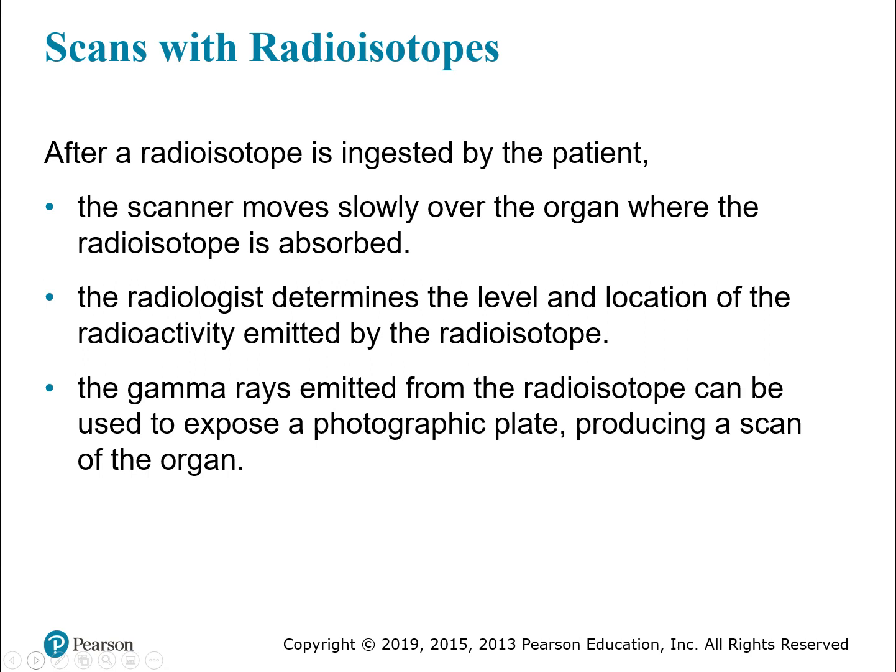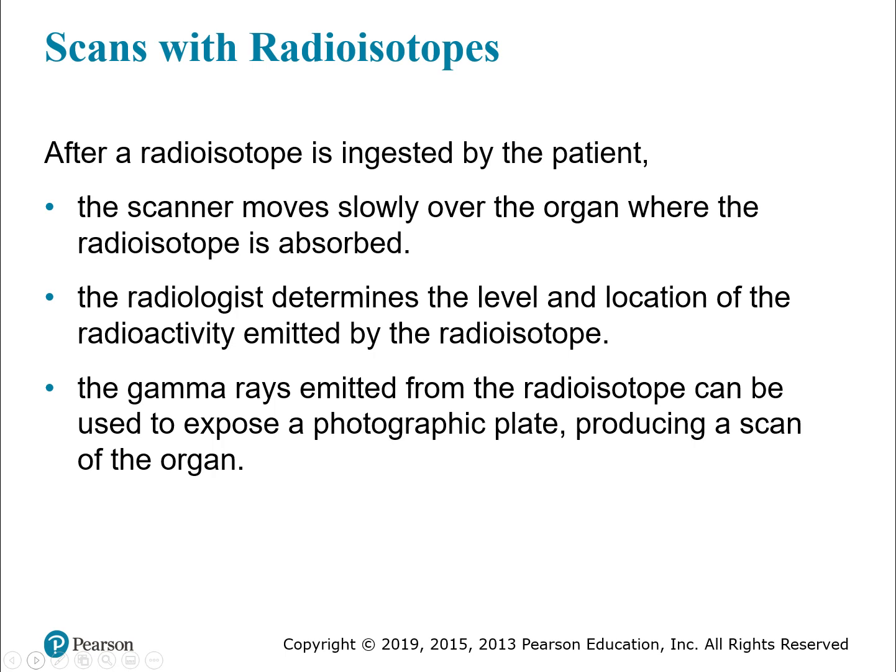After that isotope is ingested by the patient, a scanner is going to move slowly over that part of the body where the radioisotope is absorbed. So we talked about iodine 131. That is used to detect issues in the thyroid. So they're going to scan your neck.